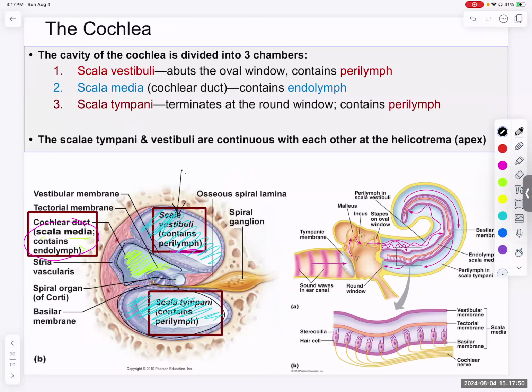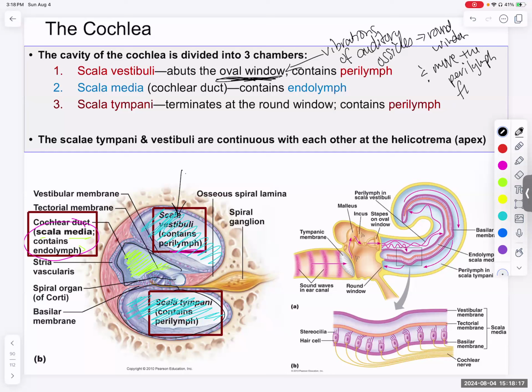That's important to understand because the scala vestibuli abuts the oval window, and the vibrations of the auditory ossicles go through the oval window and move the perilymph fluid in the scala vestibuli. So it's moving fluid.